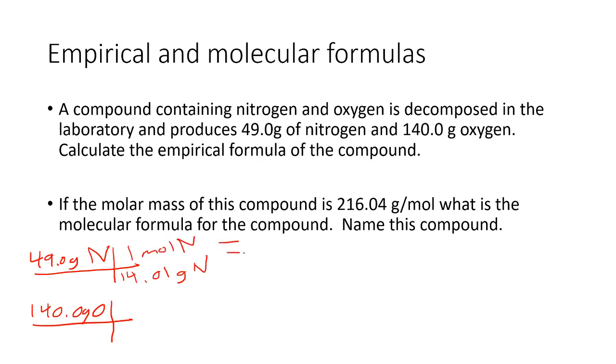And when you do that, you're going to get 3.50 moles nitrogen. And here we're going to have 16.00 grams oxygen for every 1 mole oxygen. Our grams cancel, and here we're given 8.75 moles oxygen.